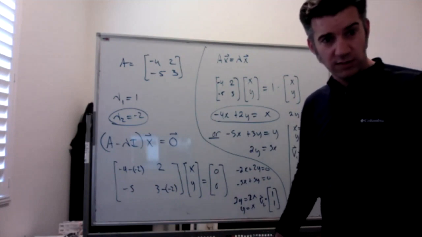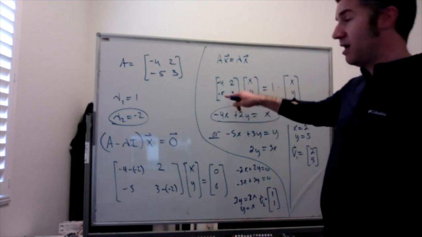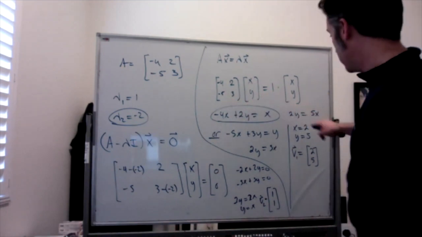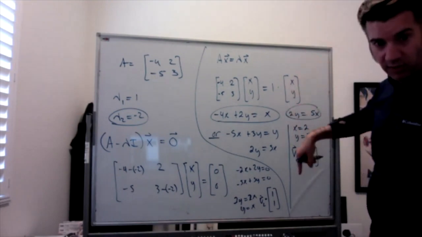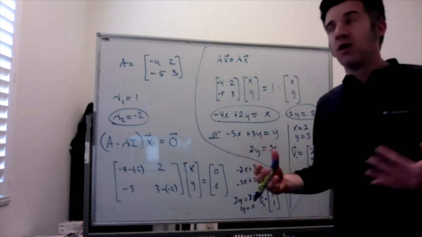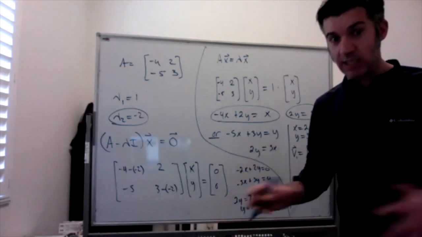So when you're finding eigenvectors, you can either do it this way and say A times your eigenvector equals your eigenvalue times your eigenvector, and then solve for what x and y need to be in your eigenvector. And again, you have to make a choice. You don't get to work with this equation and have it magically be like x equals 3. It's never going to happen.